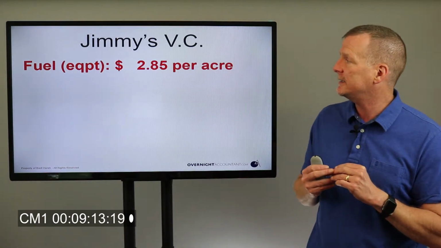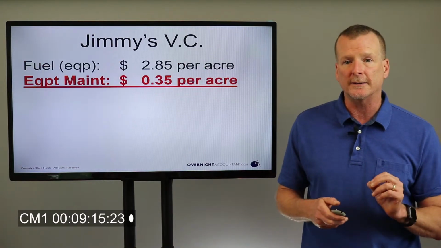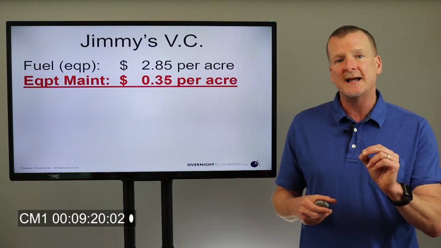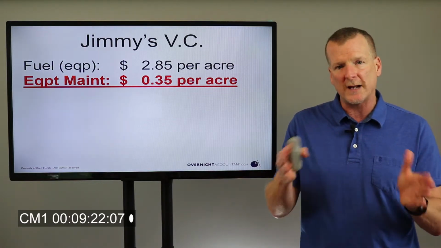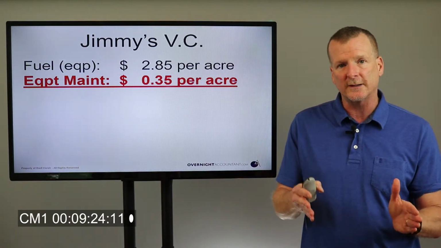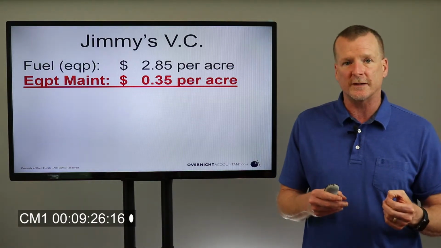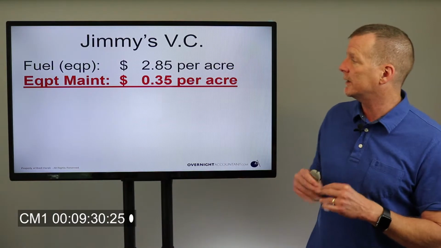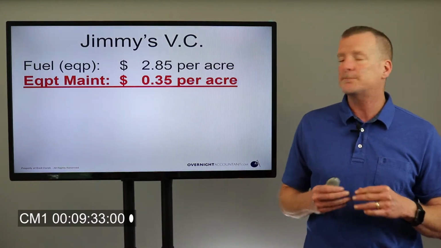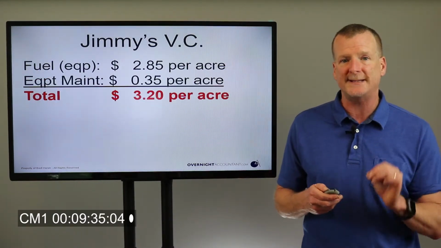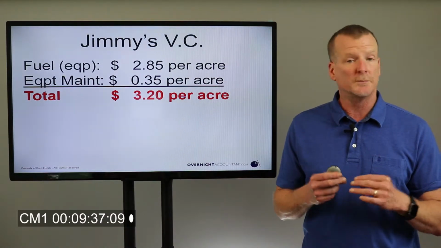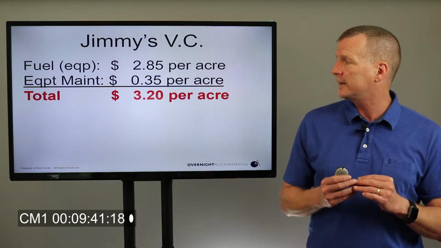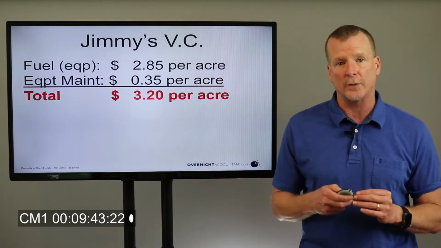He has $2.85 in fuel per acre, and he also knows how long, on average, it took him to do an acre, and say every 40, 50 hours of running that mower, he needs to have it serviced. So he was able to figure out that cost him 35 cents per acre in equipment maintenance to mow an average acre of ground. So his total variable costs are $3.20 per acre.